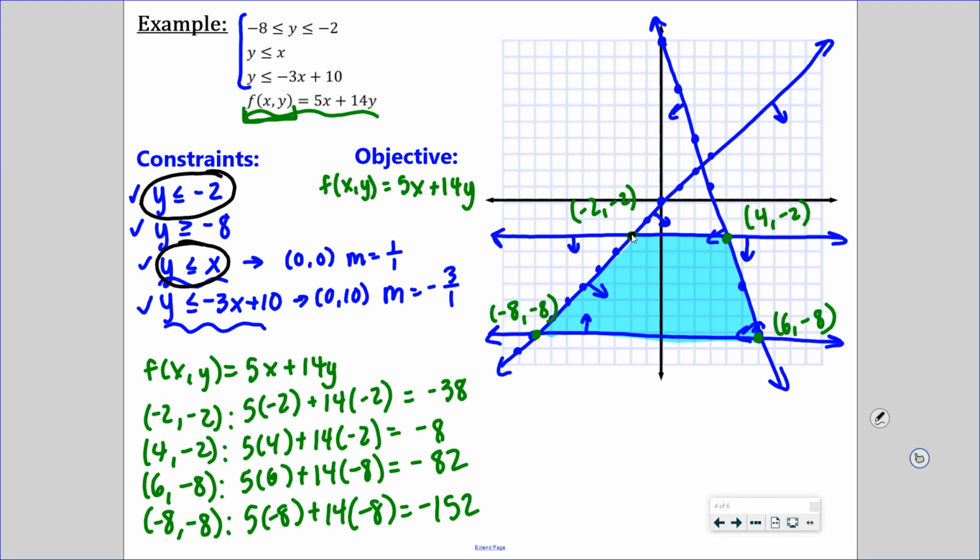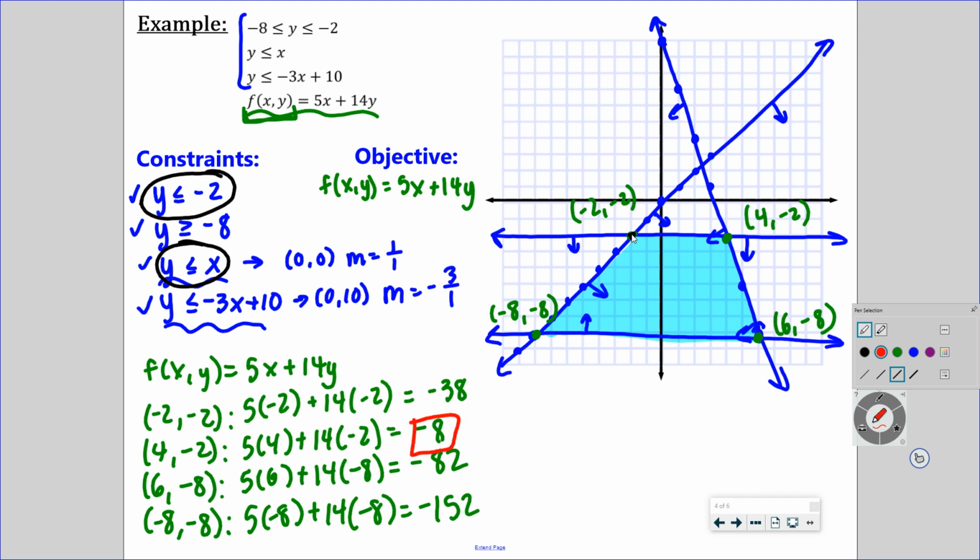Okay, so if this is my objective equation, I want to find my max and my min, or my highest and my lowest value. From this list: -38, -8, -82, -152, what's the biggest number? -8.